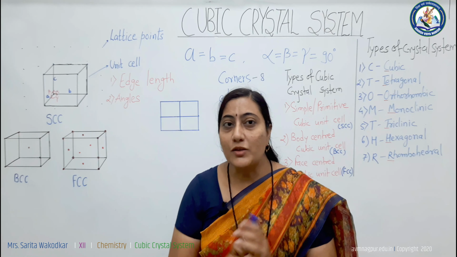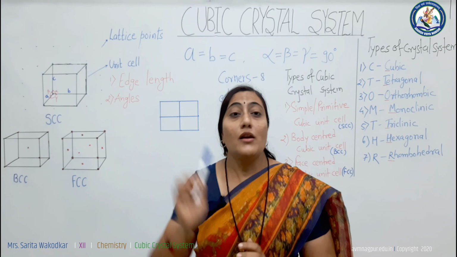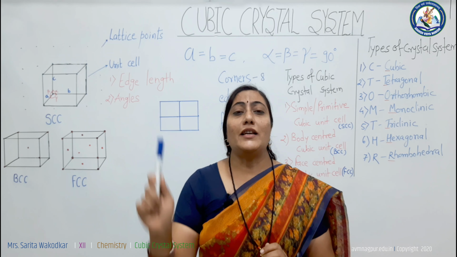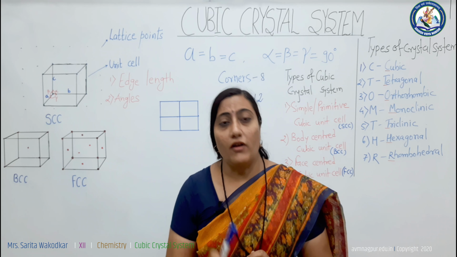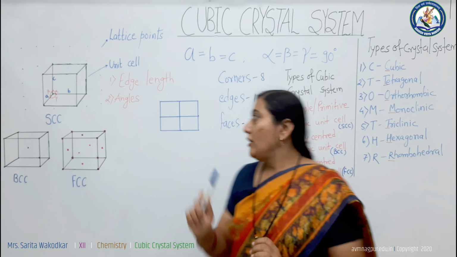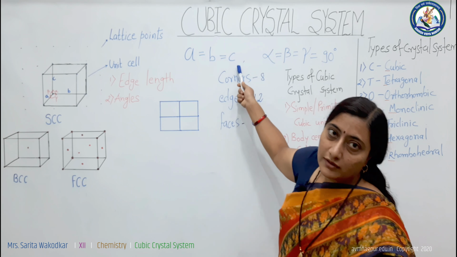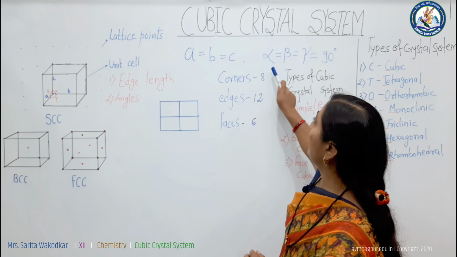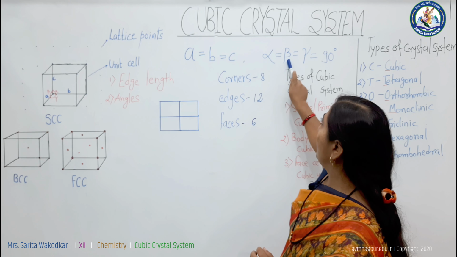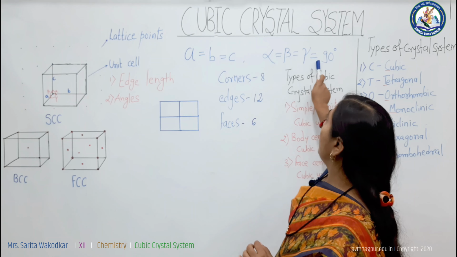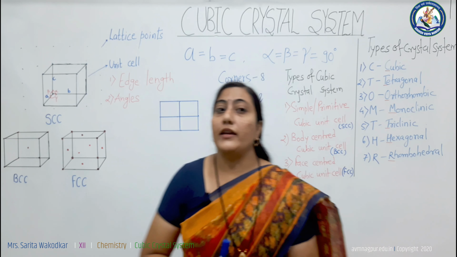Okay, this is the first point. The cubic crystal system must possess all three edge lengths or dimensions equal. We write A is equal to B is equal to C. And then angles, alpha is equal to beta is equal to gamma is equal to 90 degrees.